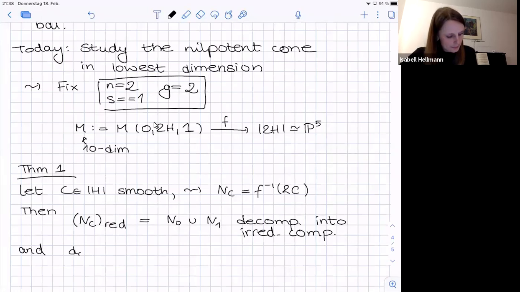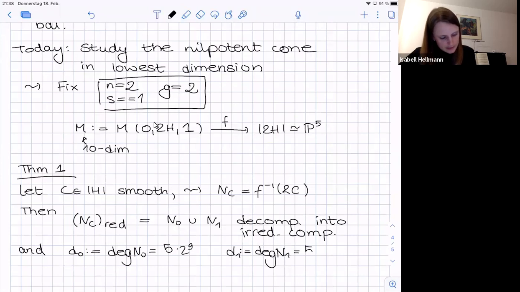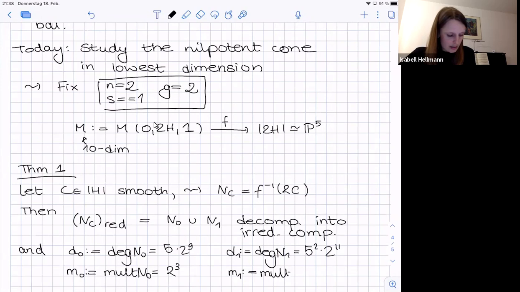Namely, the degree of the first component is 5 times 2 to the 9. The degree of the second component is 5 squared times 2 to the 11th. And for the multiplicities, the multiplicity of the first component is 2 to the 3, so 8. And the multiplicity of the second component is 2.